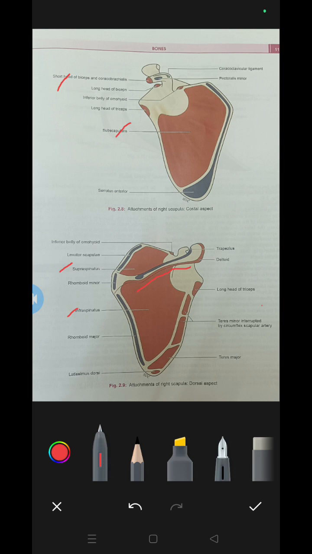Next, the long head of biceps brachii arises from the supraglenoid tubercle and the short head from the lateral part of the tip of the coracoid process. This is the long head and this is the short head.